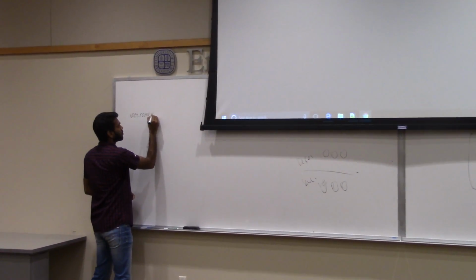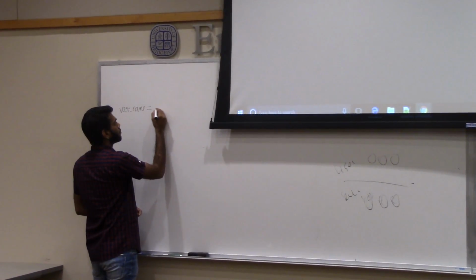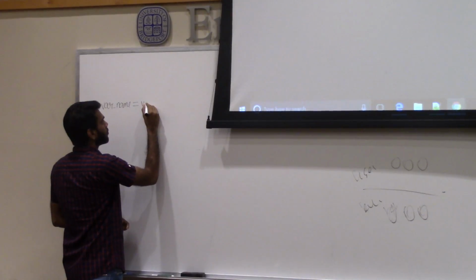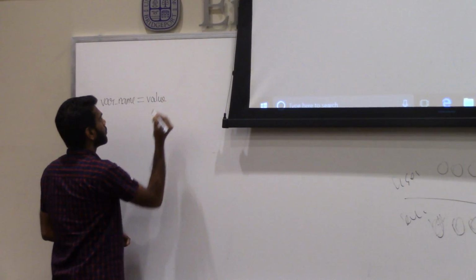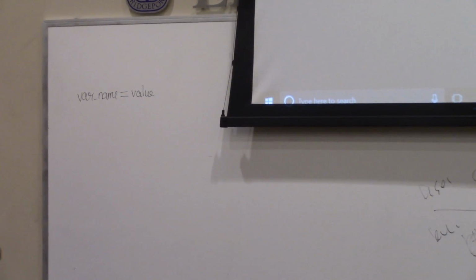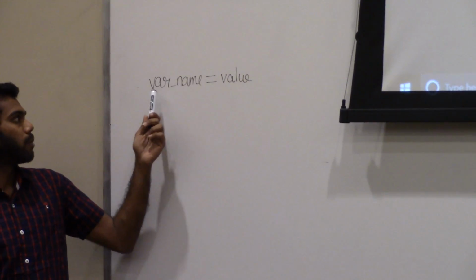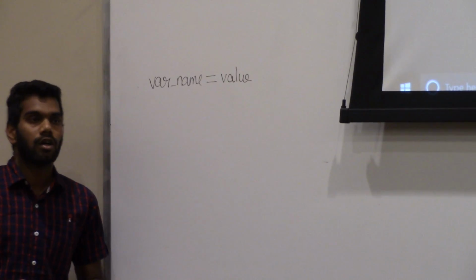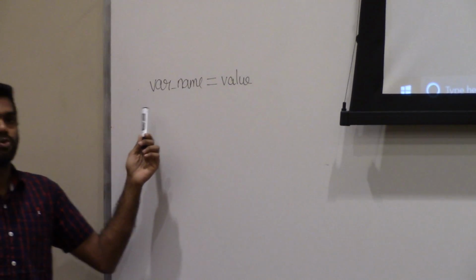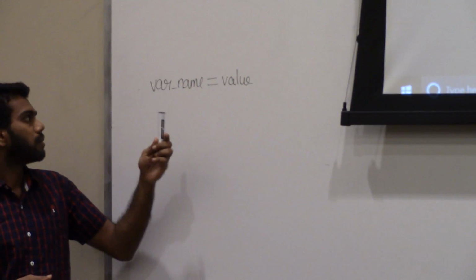To declare a variable, first you should give the variable name. It's not type specific; it can be an integer, string, or float.